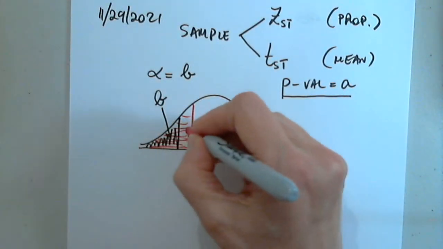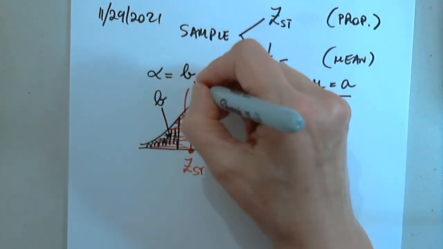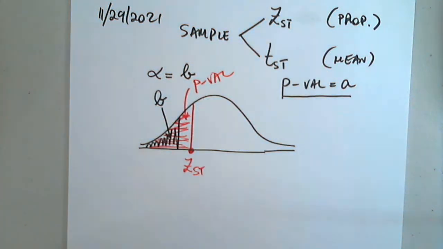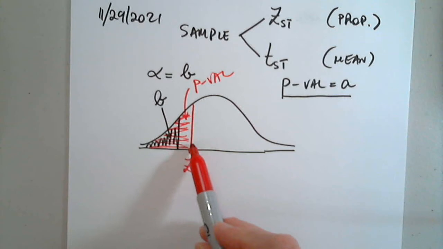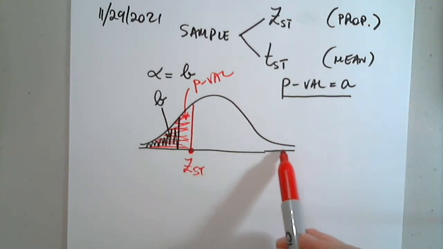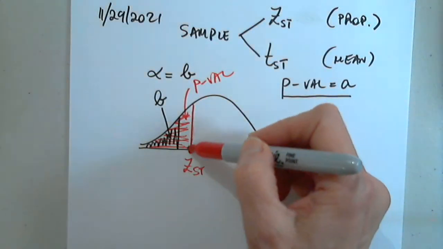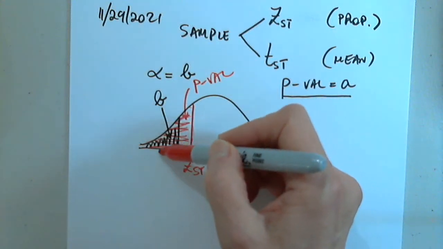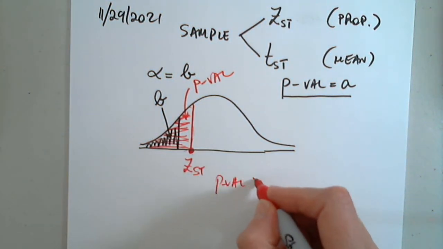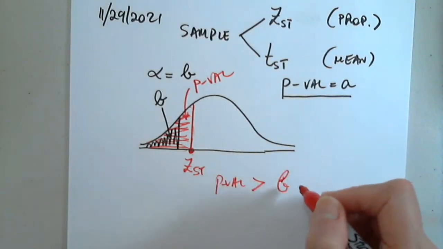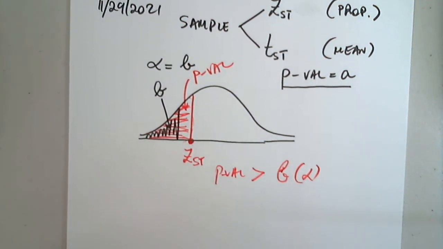So what you have in red here is the p-value. Because the z statistic is in the non-rejection area, obviously the red area is bigger than the black area. So the p-value in this case is greater than B, or greater than alpha, same thing.